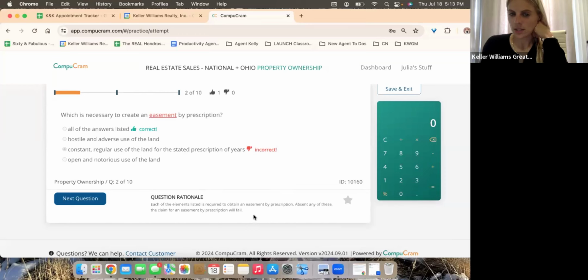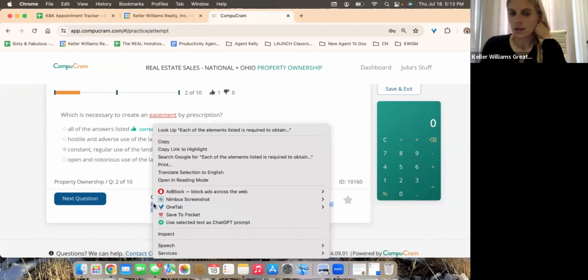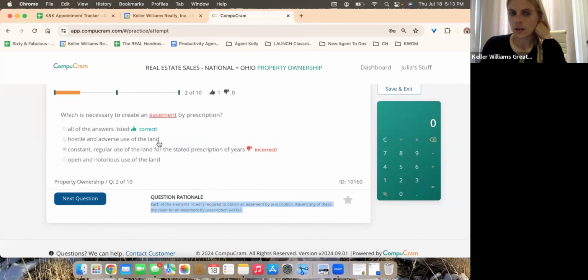So each element listed is required to obtain an easement by prescription. Absent any of these, easement by prescription would fail. Yes, it's usually gonna be, say, all the above.